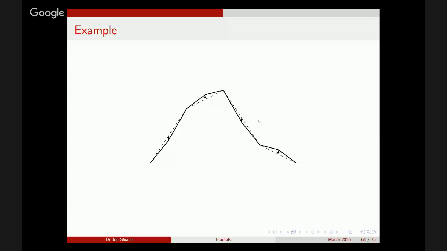So it's there. Halfway between these 2 points is about there. I'm going to toss a coin. I've got a head. So that's going to go up by 3. So that's going to give me that point. And we keep going.